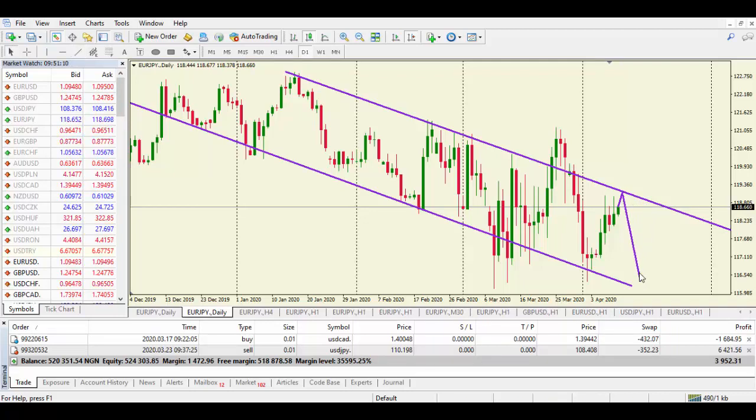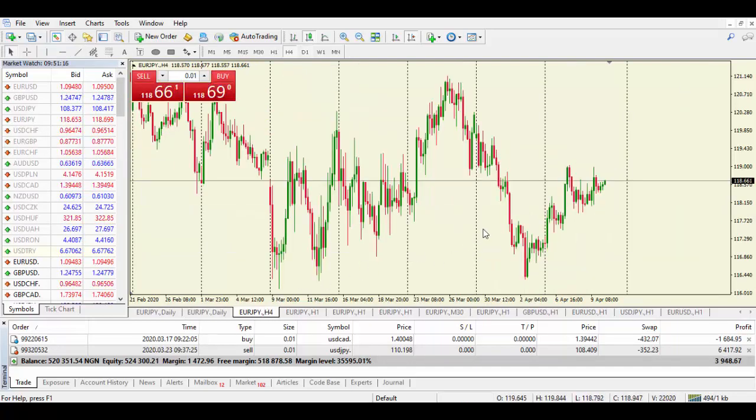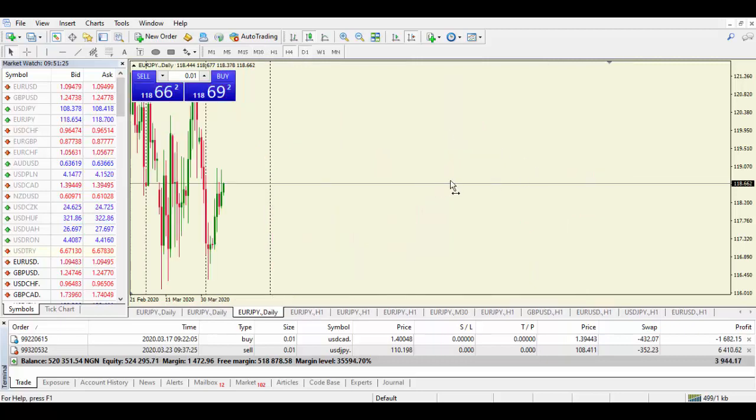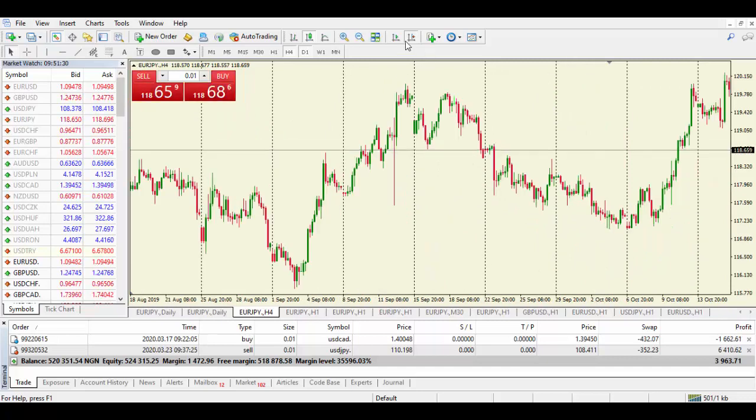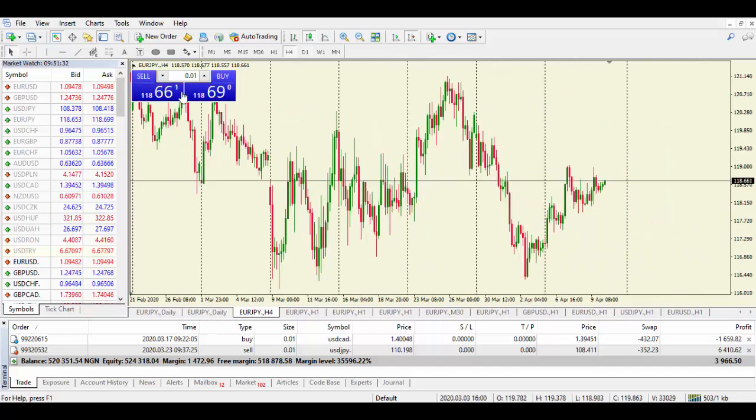Now let's go down into the H4 time frame, and this is the same thing we saw at the 1 hour and of course the daily time frame. On this H4 time frame, we can see that the price is gradually going up, and this can be said to be the beginning of an upward trend.